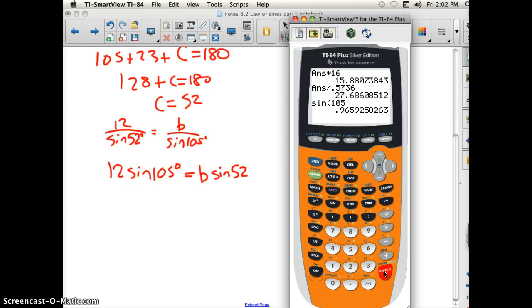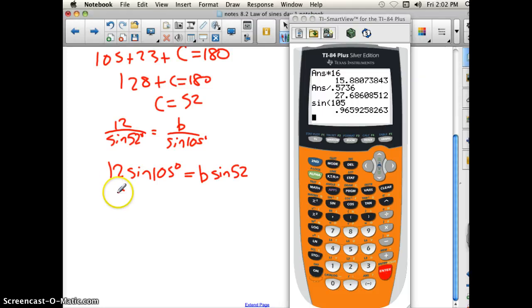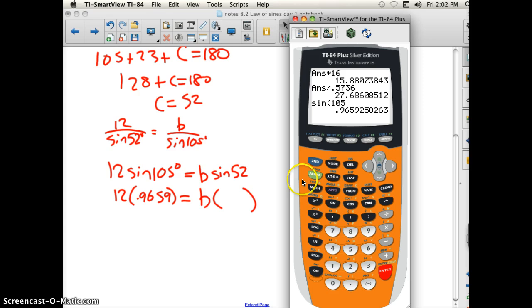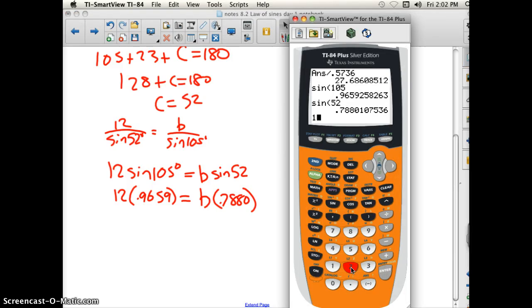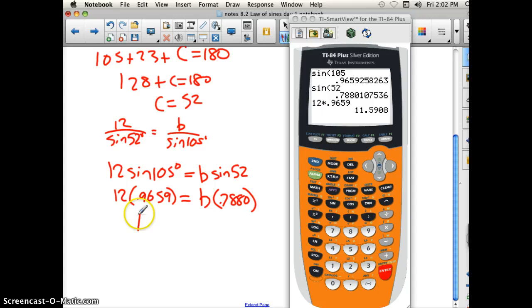So that's going to be 12 times 0.9659, and this is going to be b times, and I do the sine of 52 now, sine 52, I get 0.7880. Alright, and now I multiply these and divide by 0.7880. So 12 times 0.9659, enter, gives me 11.5908.